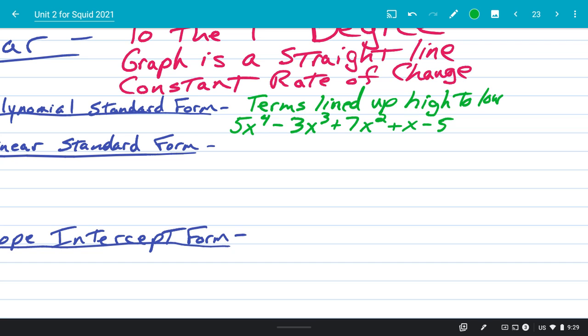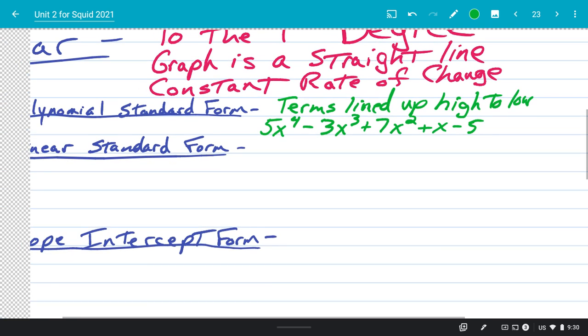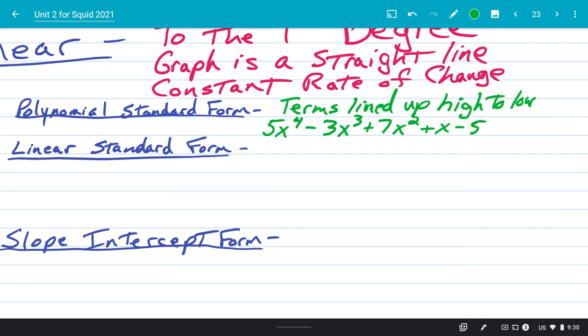It's not wrong if you put your exponents in some other order, but we like to be organized in math. So you'll hear me say, let's make sure we put that in standard form, and that just means put the exponents from the highest to the lowest.